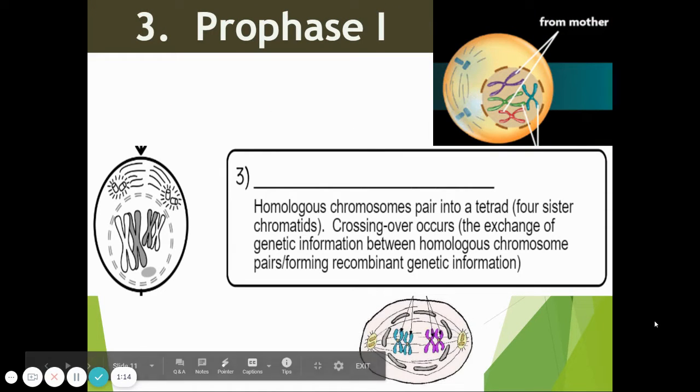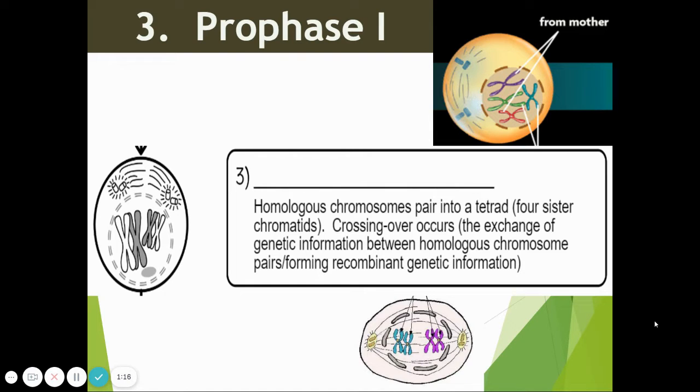So now we're going to get into the actual stages. The actual stages of meiosis are very similar to mitosis. In mitosis, the actions of prophase are to prepare for cell division. So it's a prep stage.